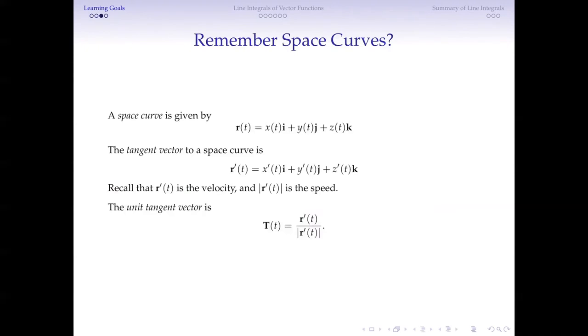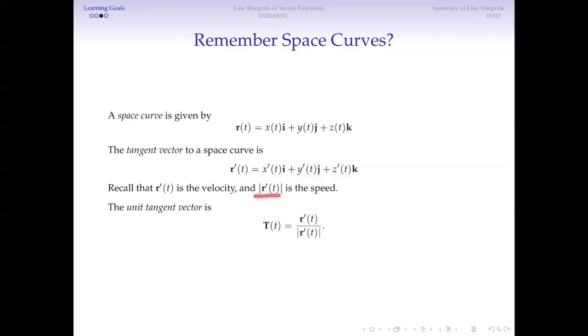So let's begin by remembering what space curves are and how they work. That's going to be important for us. Remember that a space curve is a vector function of t. It has components x of t, y of t, and z of t. And we learned way back in Unit 1 that the tangent vector to a space curve is the new vector function you get by taking derivatives of the component functions x, y, and z.